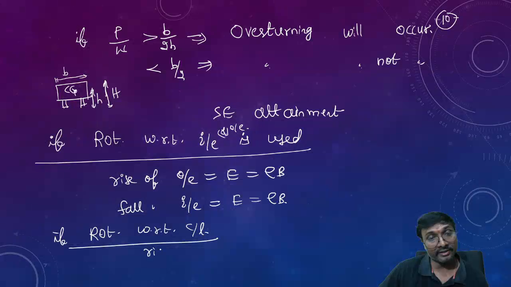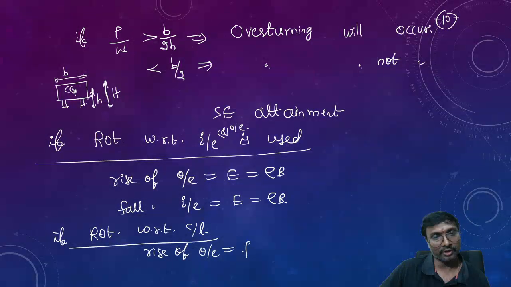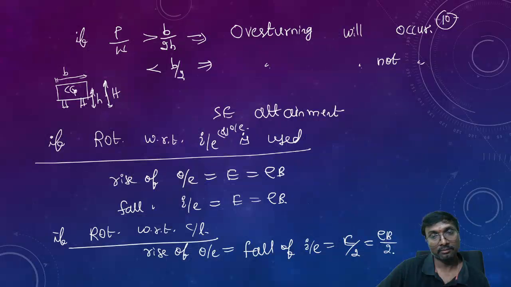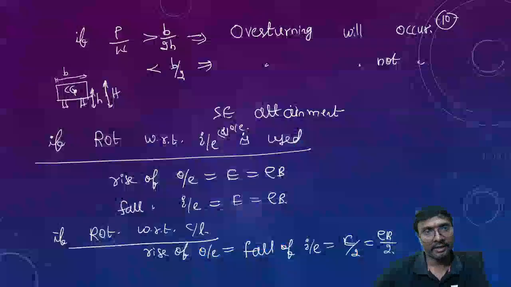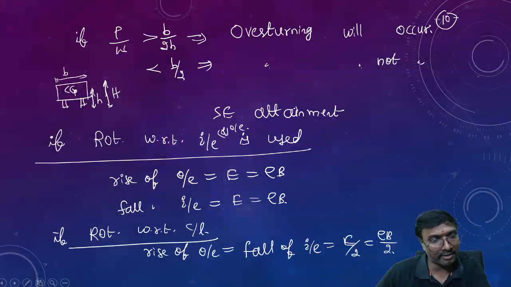The rise of outer edge is equal to the fall of inner edge, both same, capital E by 2, right? What is that capital E by 2? Small e into capital B by 2, you can say, right? So now this is your super elevation mostly.